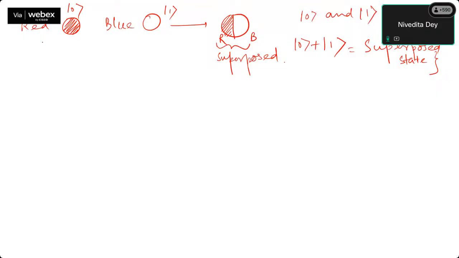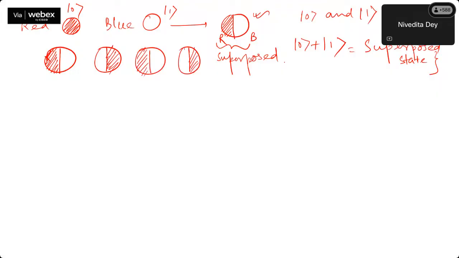Say for example, you have several balls. So this itself is in superposition. So this is 0, 1, and this is qubit number 1, say. Qubit 1, qubit 2, qubit 3, and qubit 4.